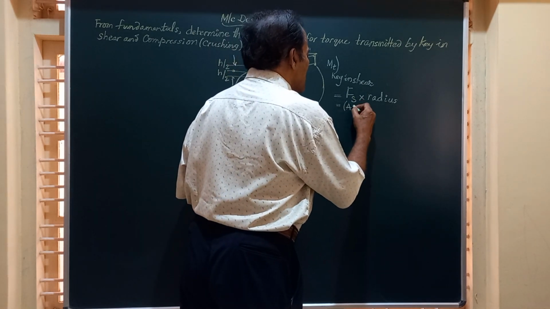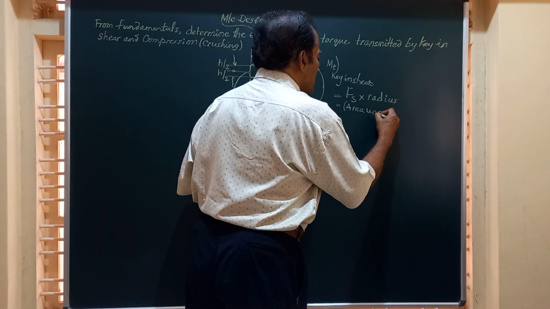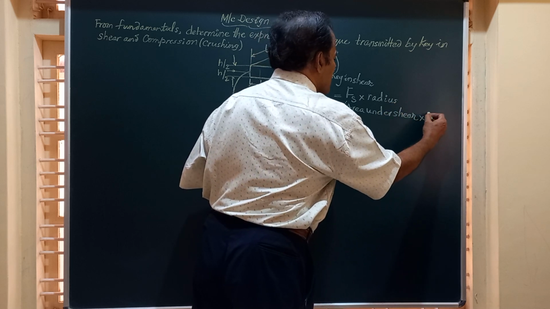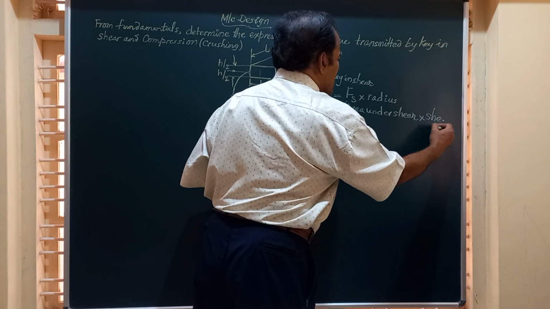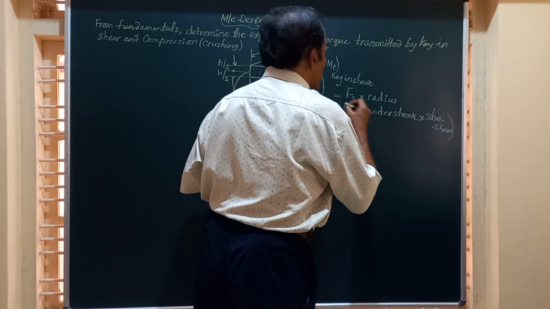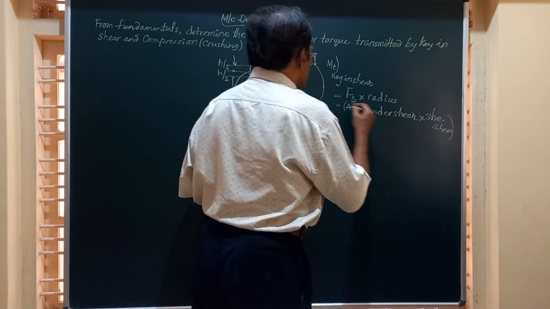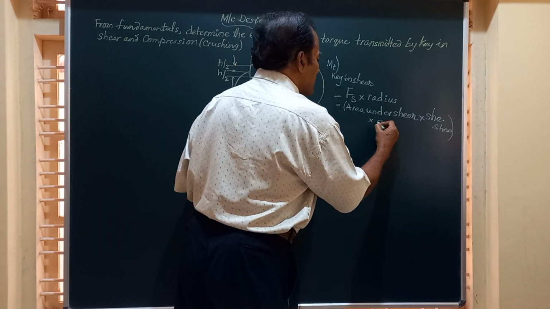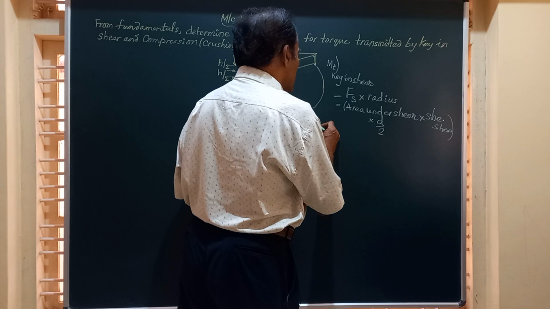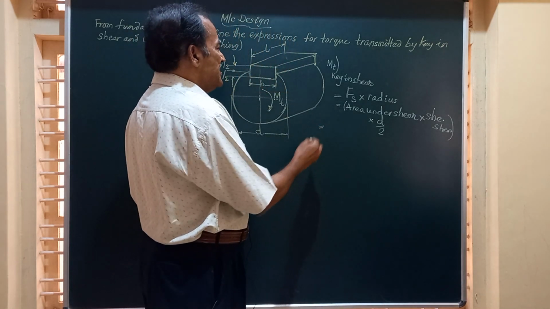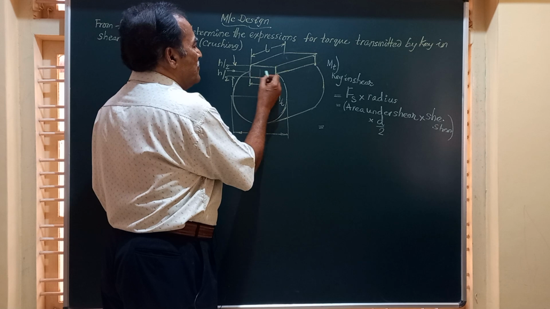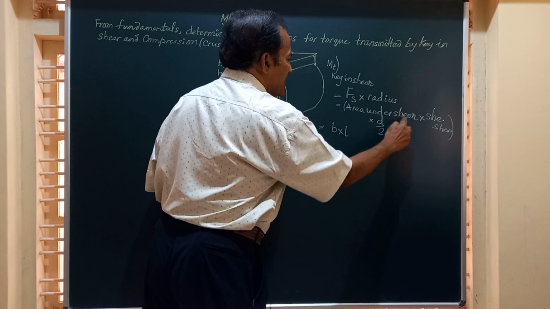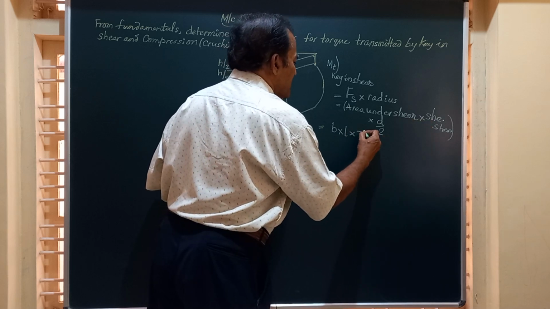That is, area under shear multiplied by shear stress is this value Fs, multiplied by the radius of this shaft, which is diameter by 2. So I will say D by 2. This can be rewritten as, friends, area under shear is this area, width into length, so we can call it B into L. Shear stress is represented by tau.